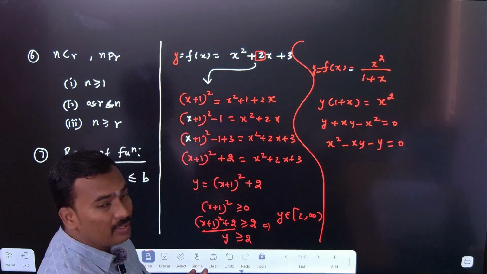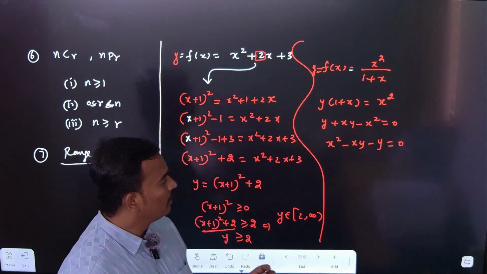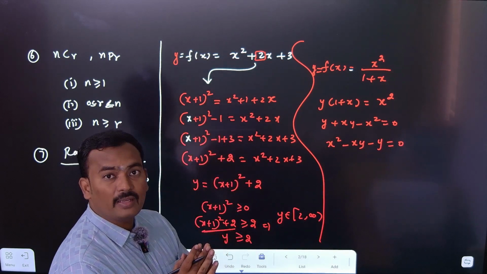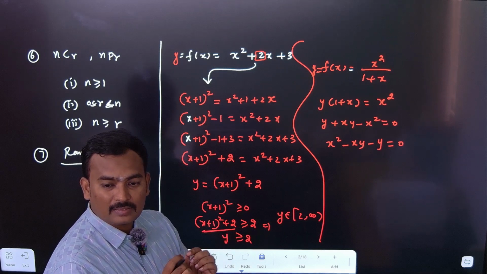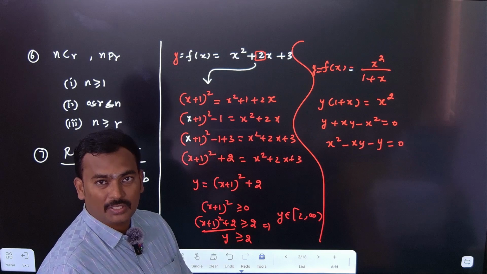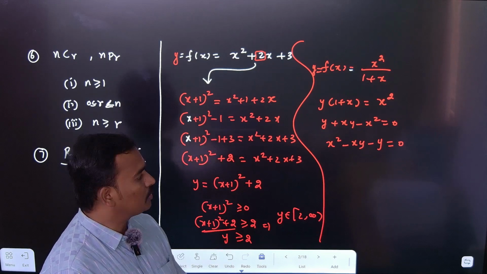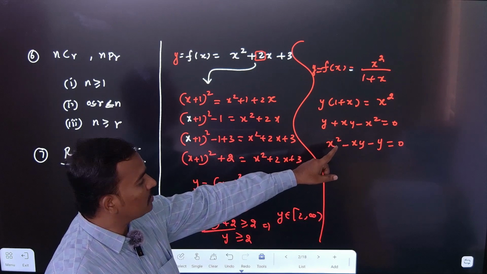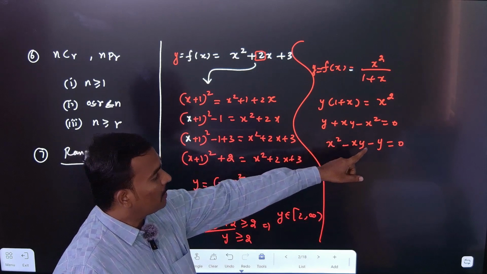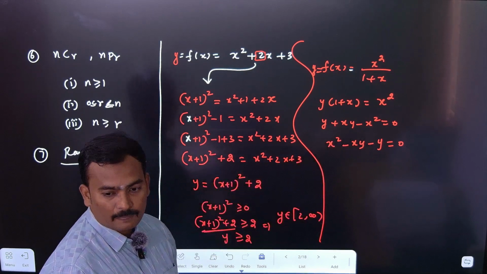Now we need only the real solutions, so which idea can we apply? We can use the discriminant idea. When the discriminant is greater than or equal to 0, we can find the real solutions of the quadratic equation. This is a quadratic equation in terms of x, but you keep y as a constant here.